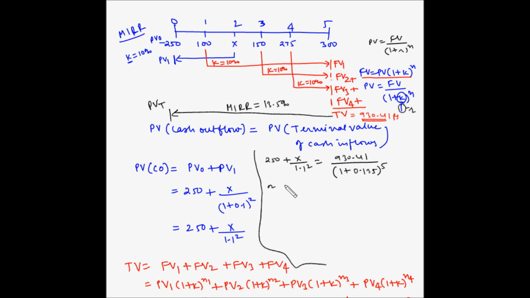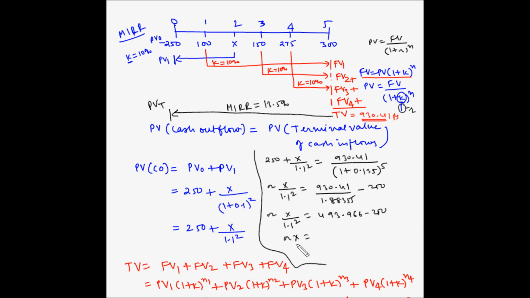Now x divided by 1.1 square is equal to, we'll take this 250 on the other side, so this will become minus 250. 930.41 divided by, now 1 plus 0.135 to the power 5 becomes 1.88355, minus 250. So x divided by 1.1 square is equal to, now this comes out to be 493.966 minus 250.